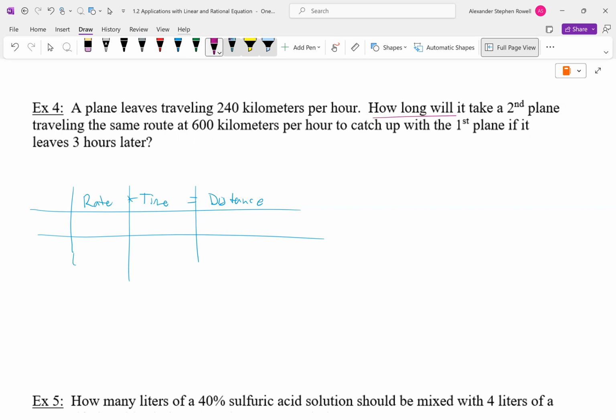How long will it take the second plane to catch up? Okay, so that unknown, what do you want to label it? Maybe T for time? Time for second plane to catch first plane.